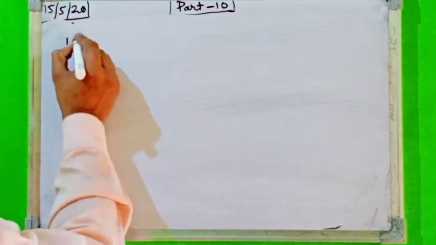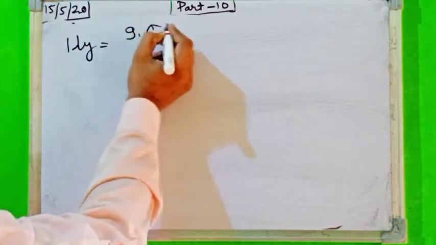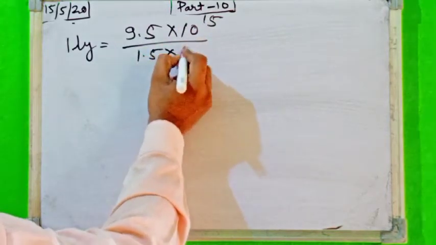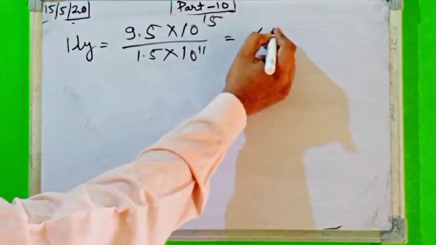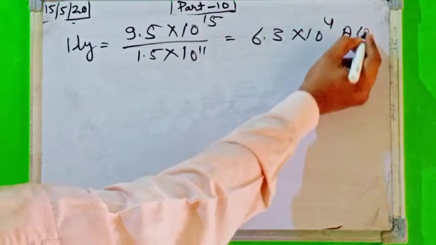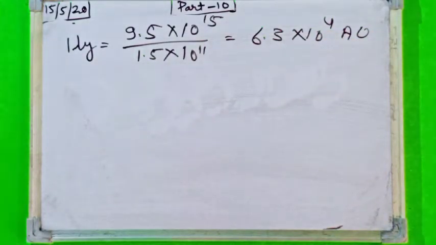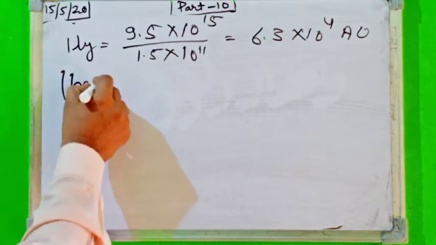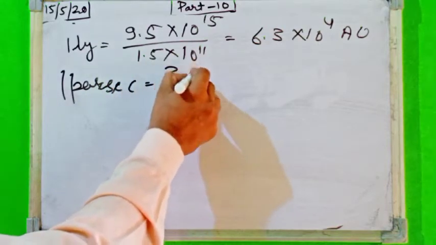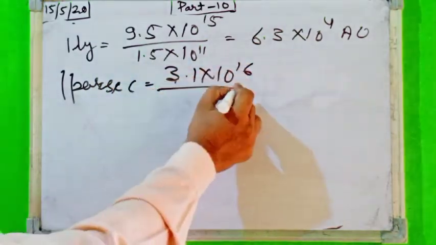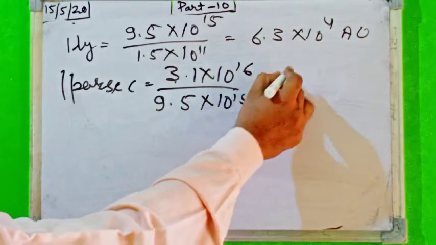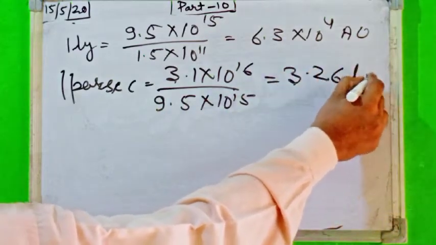So 1 light year is equal to 9.5 into 10 to the power 15 upon 1.5 into 10 to the power 11, that is equal to 6.3 into 10 to the power 4 astronomical unit. 1 parsec is equal to 3.1 into 10 to the power 16 upon 9.5 into 10 to the power 15, and it is equal to 3.26 light year.